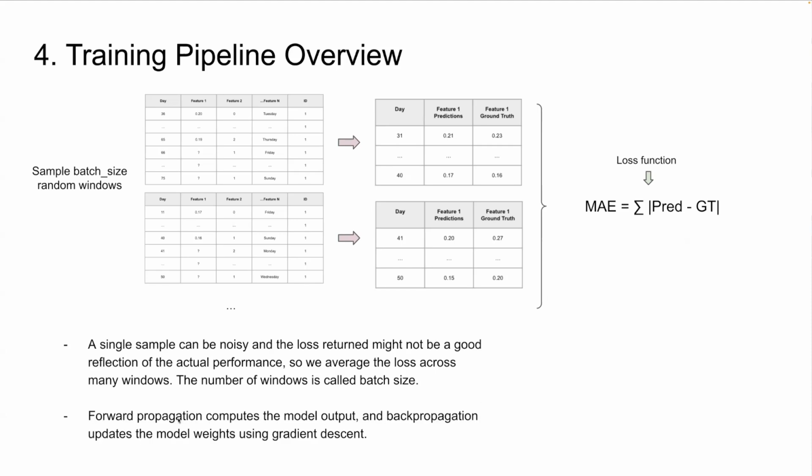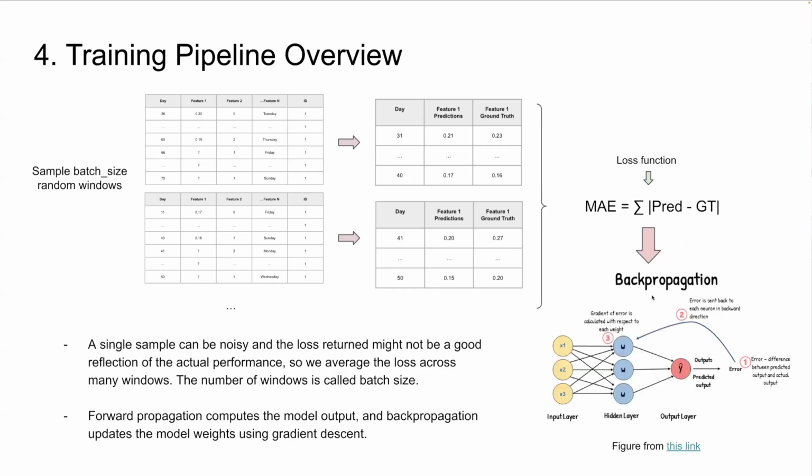The forward propagation computes the model output, and the back propagation will update the model weights using the gradients that we calculate from this loss. In other words, we use the loss that we calculated as a signal to update our weights in the neural network.